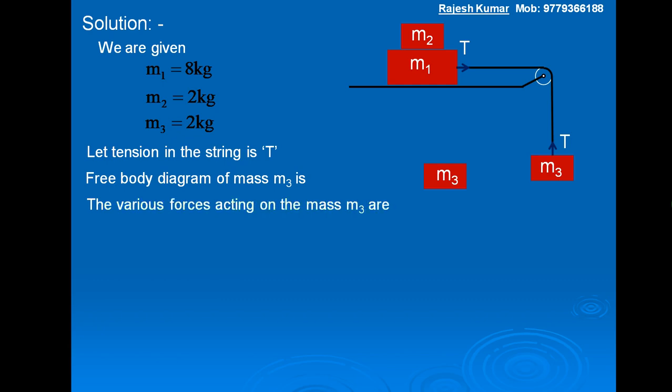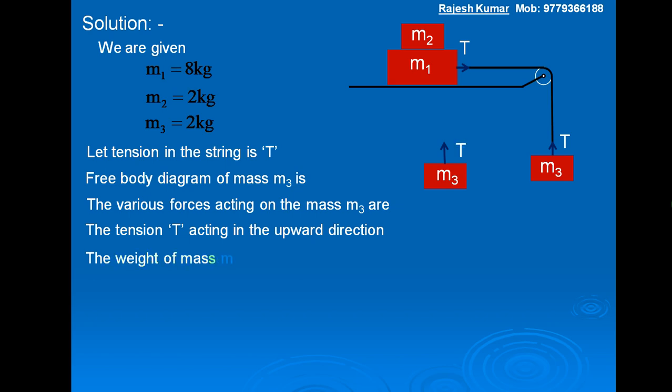The various forces acting on the mass m3 are the tension capital T acting in the upward direction, and the weight of mass m3 acting in the downward direction, that is m3g.